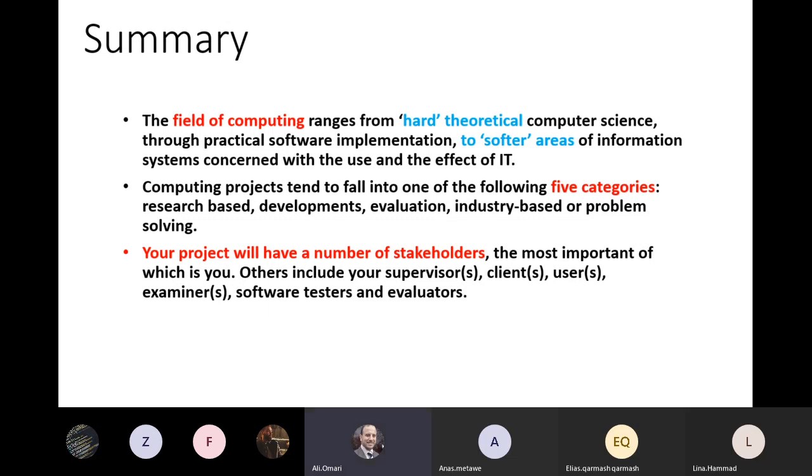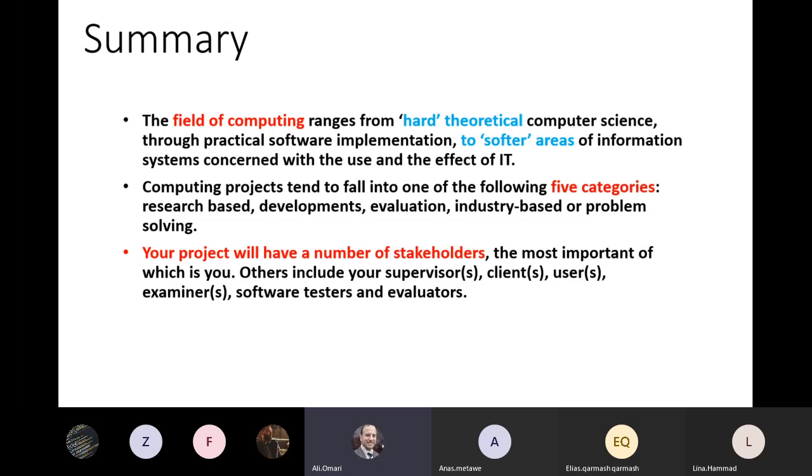So just to summarize, the field of computing ranges from hard theoretical to soft areas, software itself, data, databases, and so forth. And computing projects fall into five categories: research-based, development, evaluation, industrial-based, and problem solving.